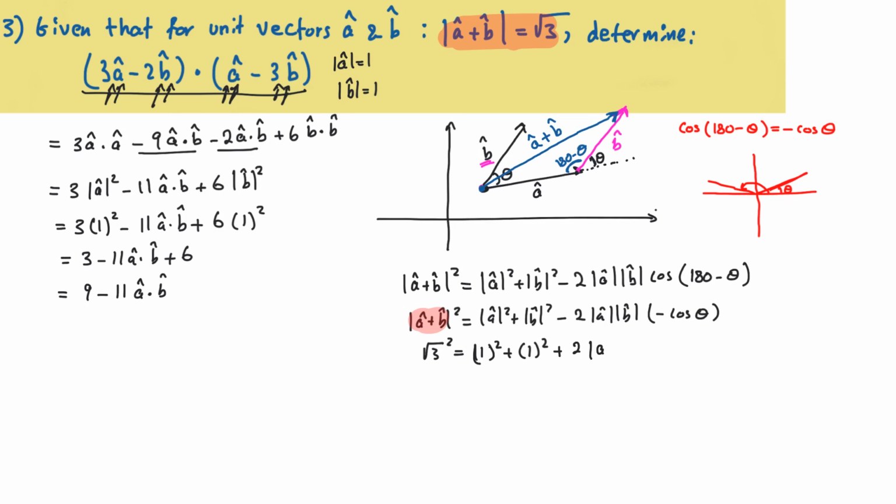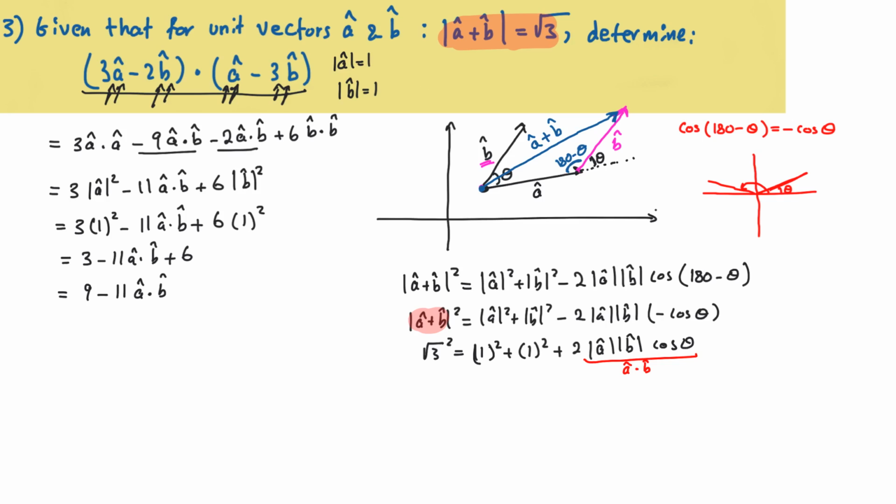And I'm going to leave this part the same because I need to link it to this term over here. So now this section over here, we know that the dot product of A and B is equal to the magnitude of A times the magnitude of B times cosine of theta. So this becomes A dot B.